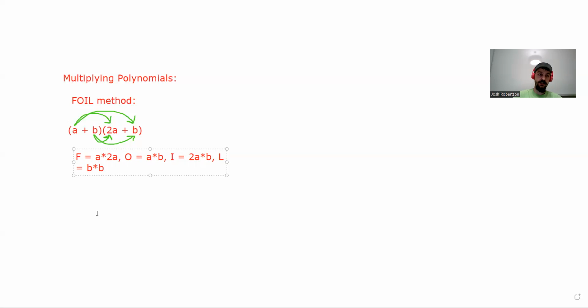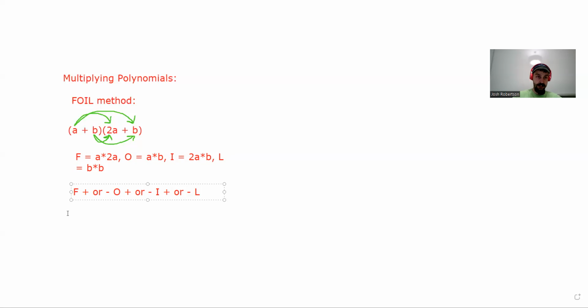And then you're just adding or subtracting these all together. And all together, your product will be F plus or minus O plus or minus I plus or minus L, right?